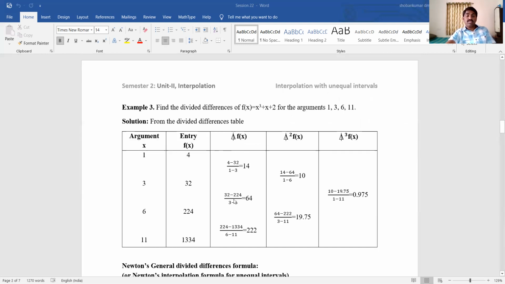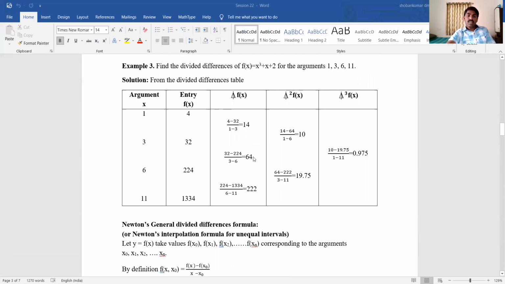Now construct the divided difference table. Here the first divided difference: 4 minus 32 divided by 1 minus 3 is 14. And 32 minus 224 divided by 3 minus 6 is 64. 224 minus 1,334 divided by 6 minus 11 gives 222.